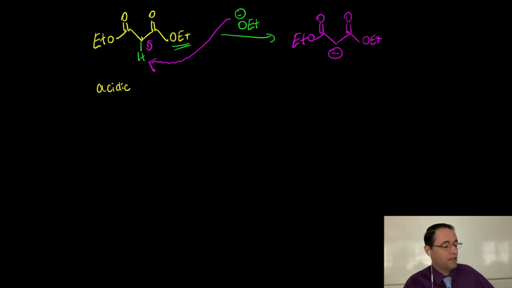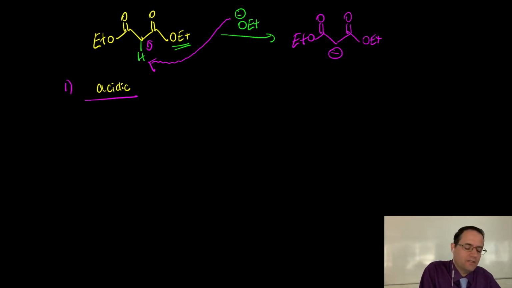Now the new thing is that enolates can attack alkyl groups. If we add methyl iodide or ethyl iodide, it's possible for this to attack it. So this is recall review number 1. This is recall review number 2, that enolates are nucleophilic. So this right here is nucleophilic.